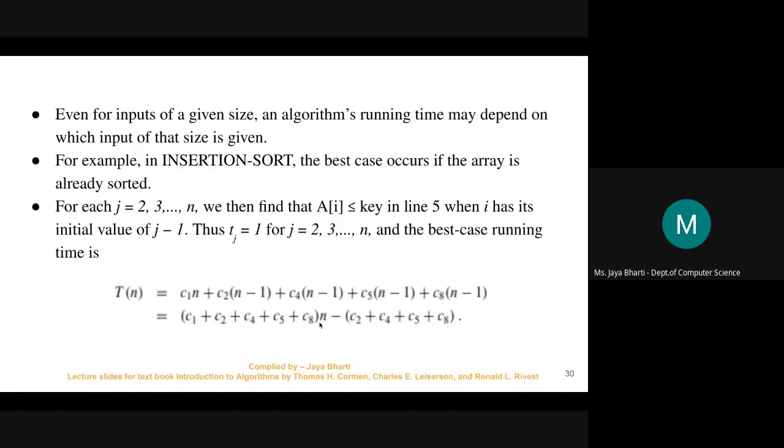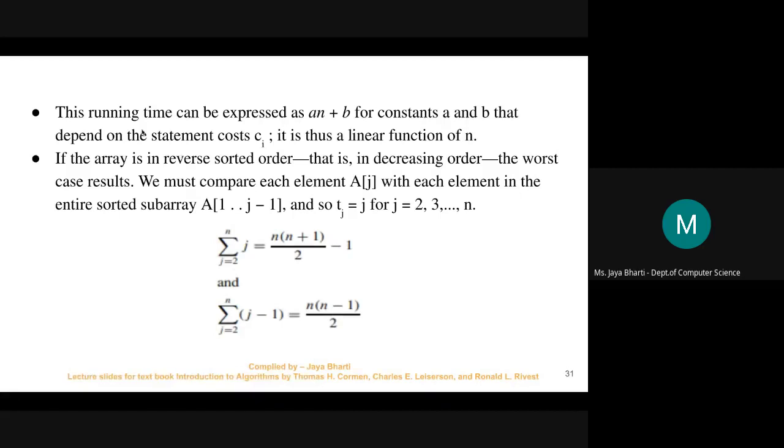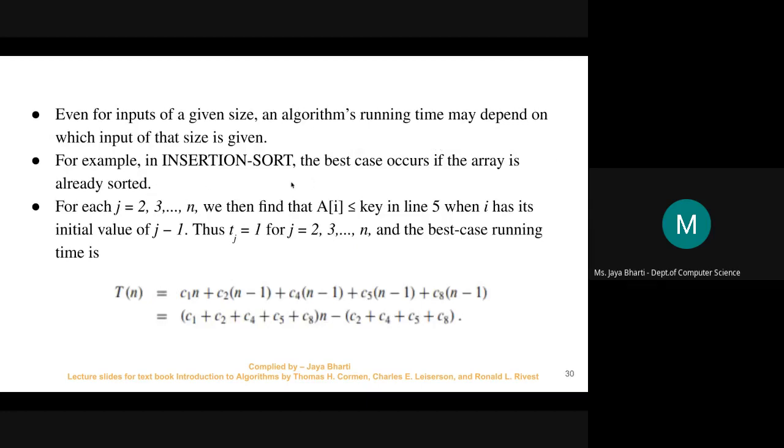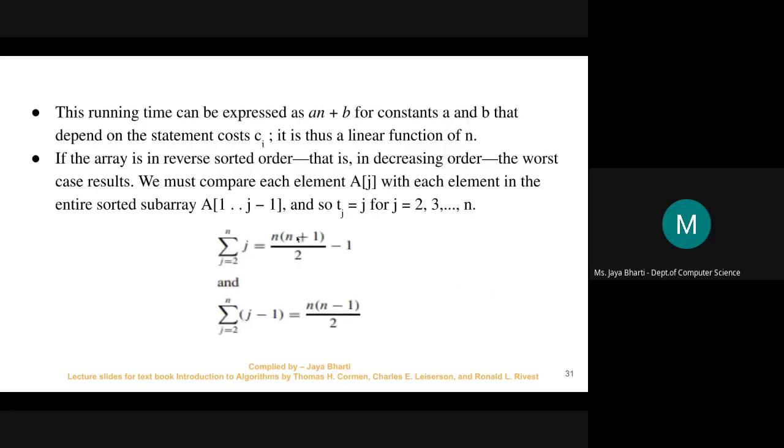So the running time can be expressed as an plus b for constants a and b that depend on the statement costs c_i. Thus it is a linear function of n for the ascending sorted order. Whenever the given array is sorted in increasing order, the running time will be a linear function of n.